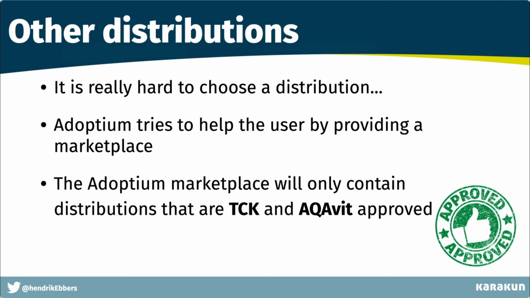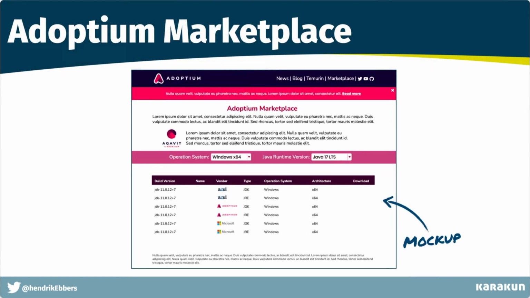To get a good overview on all these options, we are currently creating something that is called the Adoptium Marketplace. And I hope that this will be online and available at the end of the first quarter of this year. And this is a marketplace. You see a mock-up currently here, how it might look in future.